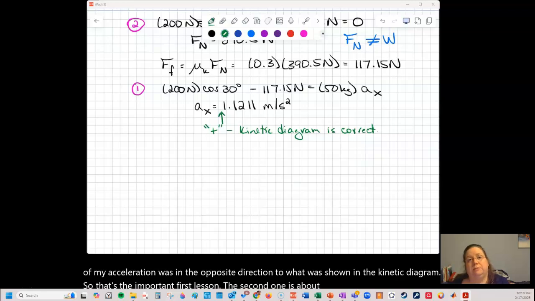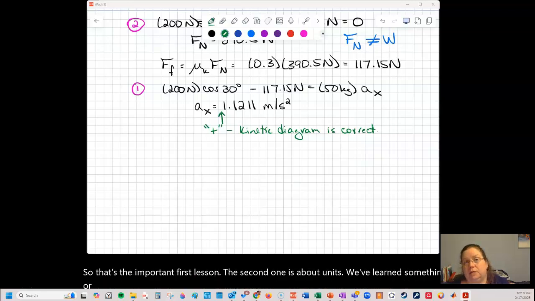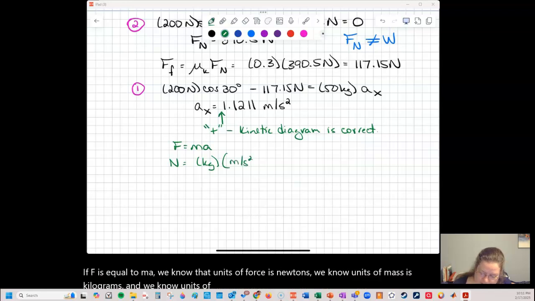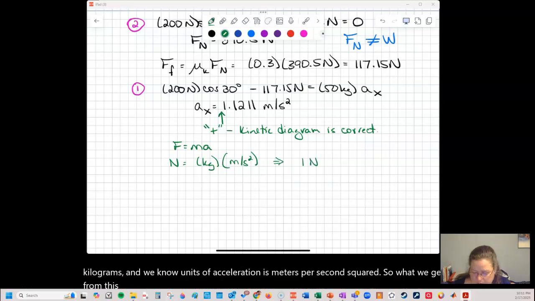We've learned, or reviewed, something that we learned in statics class. If F is equal to ma, we know that the unit of force is newtons, the unit of mass is kilograms, and the unit of acceleration is meters per second squared. So what we get from this is 1 newton is equal to 1 kilogram times meters per second squared.